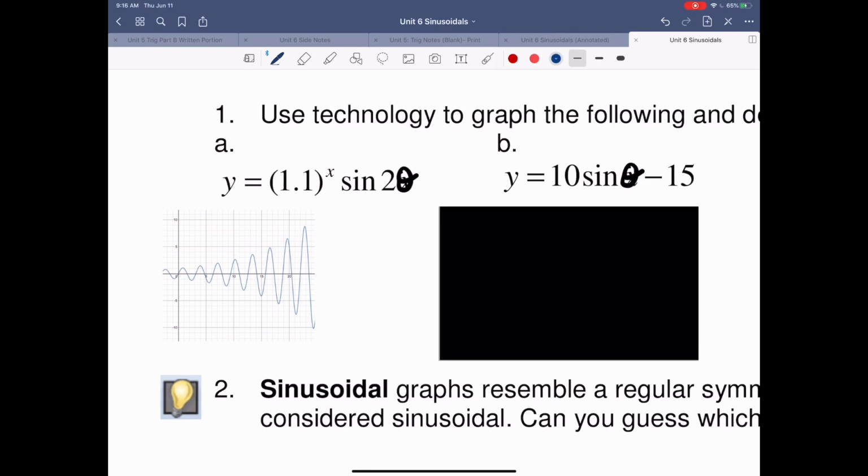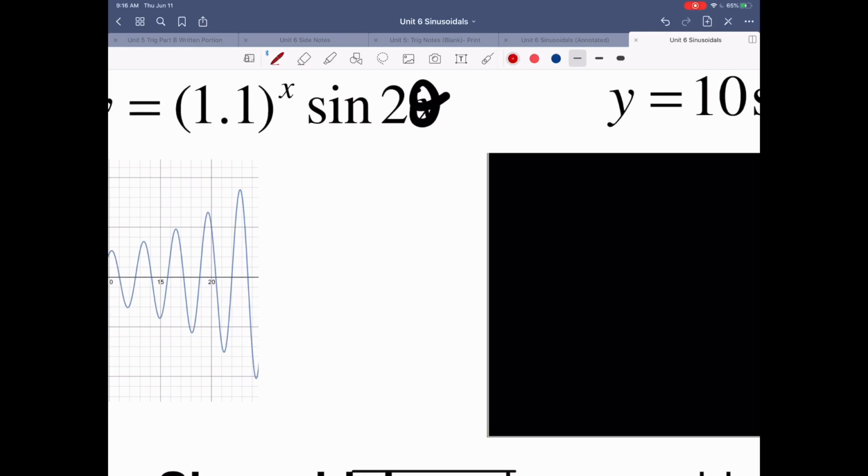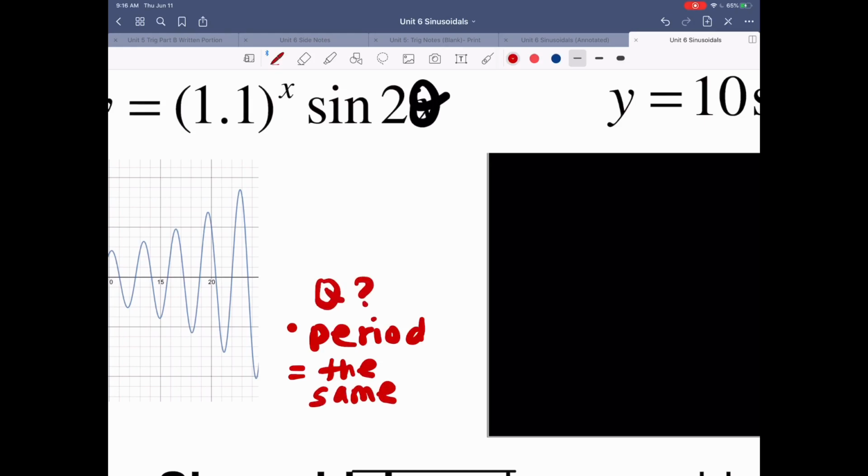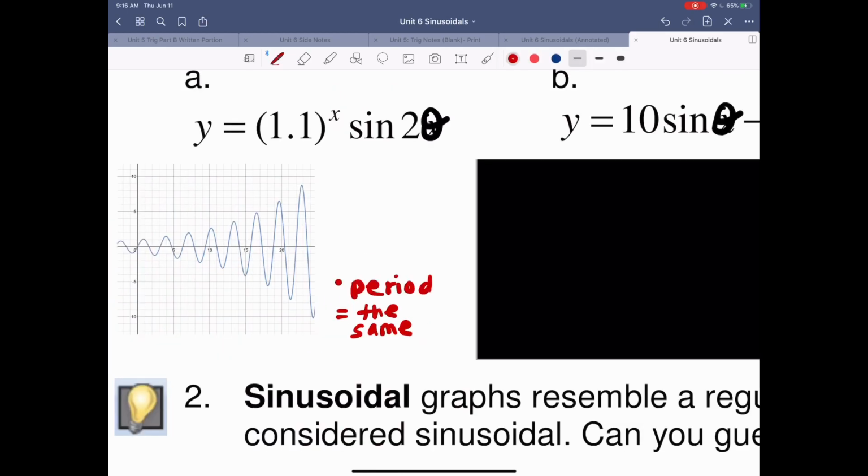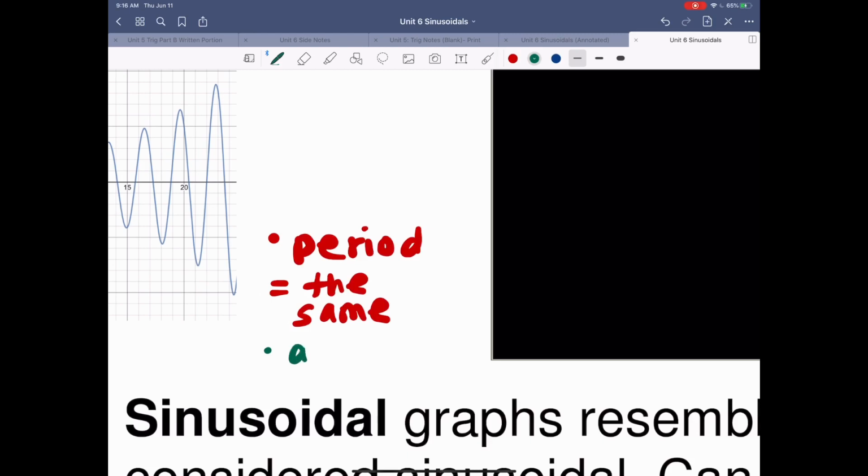There's a couple features of when it is periodic or not. One is that we must have the periods be the same. Another thing you need to ask yourself is, is the amplitude the same?